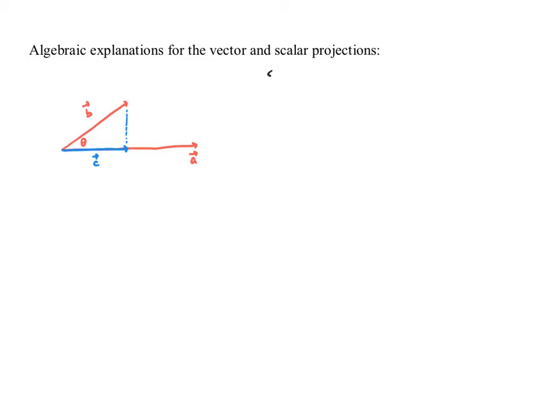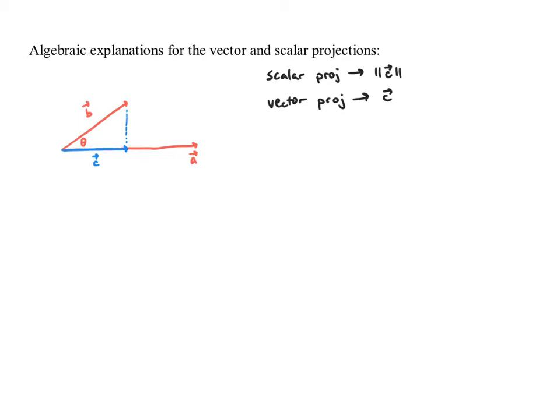All right, the main idea here, just so that you have this in your mind, is that a scalar projection is simply just the magnitude of C. That's all it is. The vector projection is the vector C. That's all we're trying to figure out.